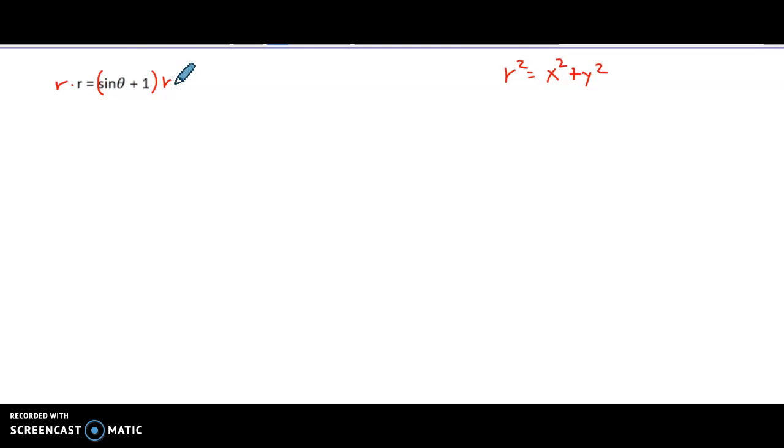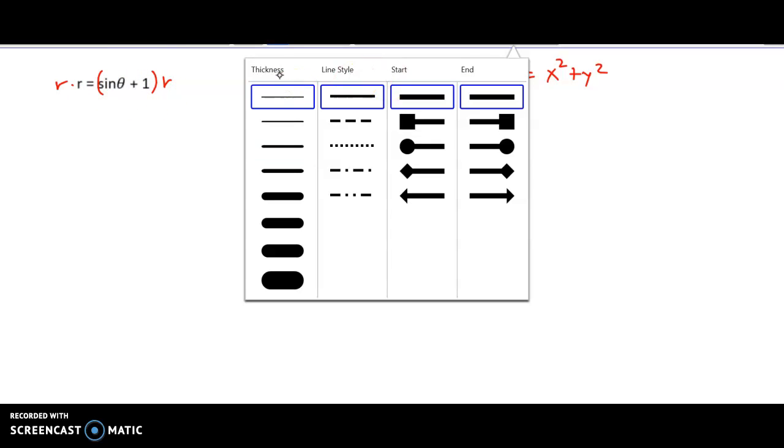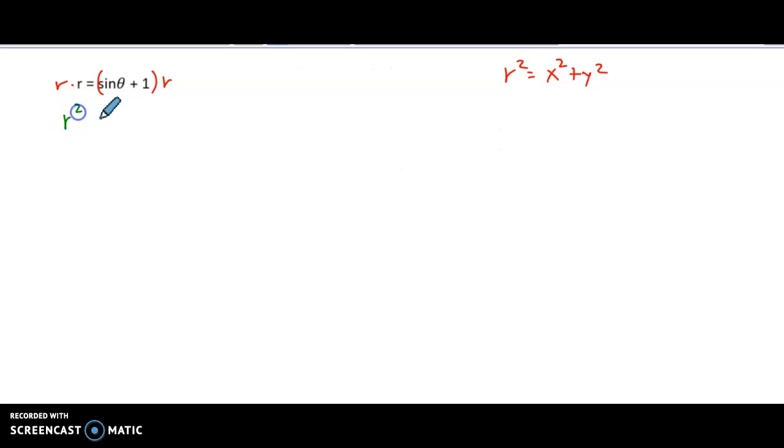You've got to be careful that on the right side, you add in these parentheses. Okay. So then this is r squared equal to, I'm going to distribute the r, so that's r sine theta plus r.